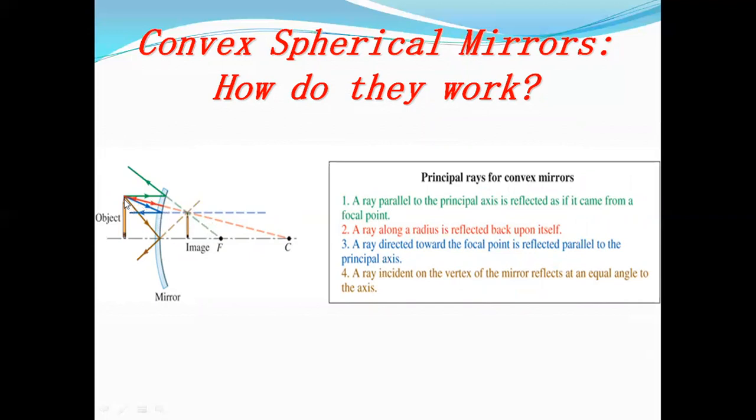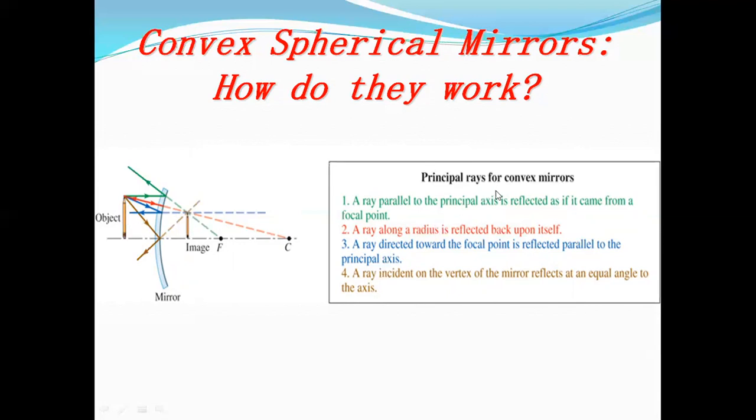This is the size of the object, and this is the size of the image, and you see that the size of the image is smaller than the size of the object.